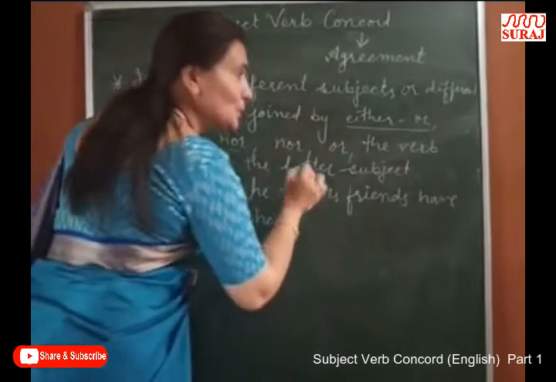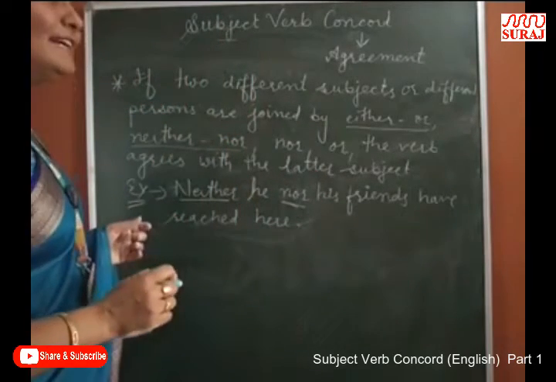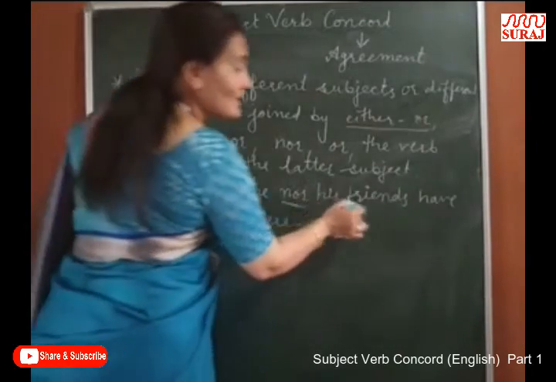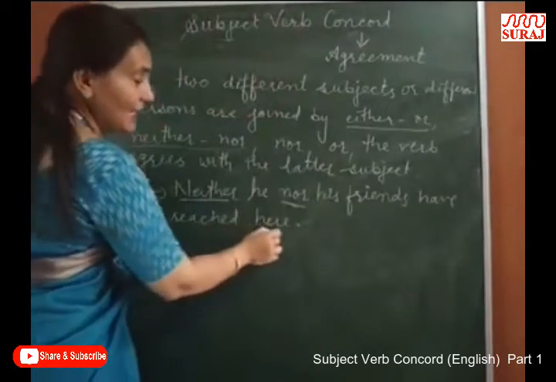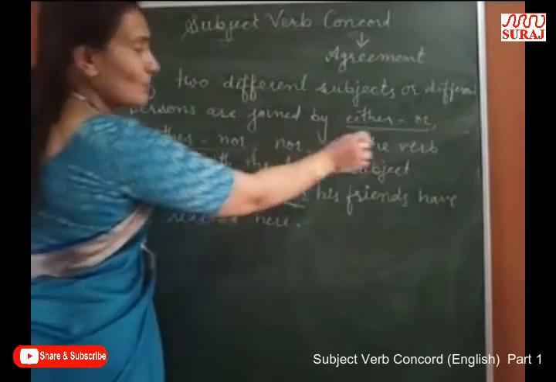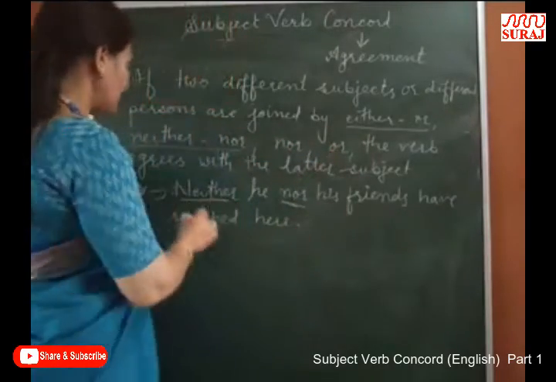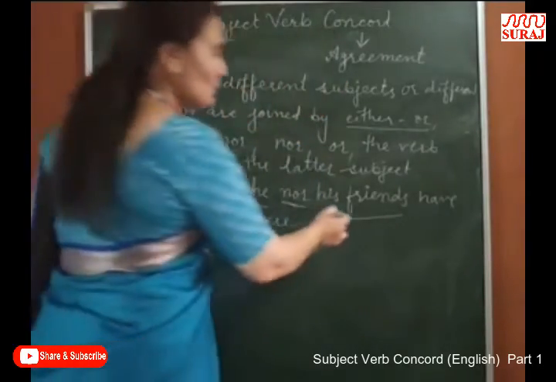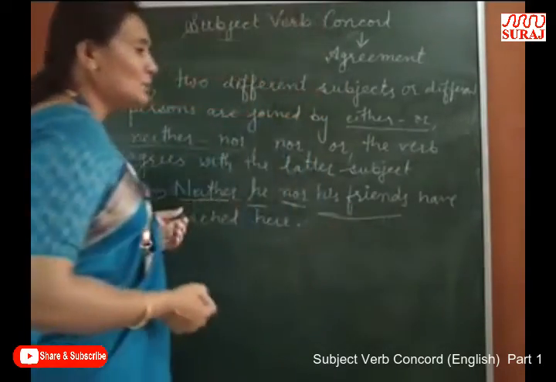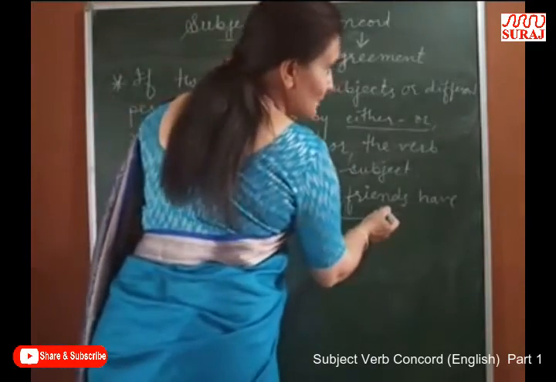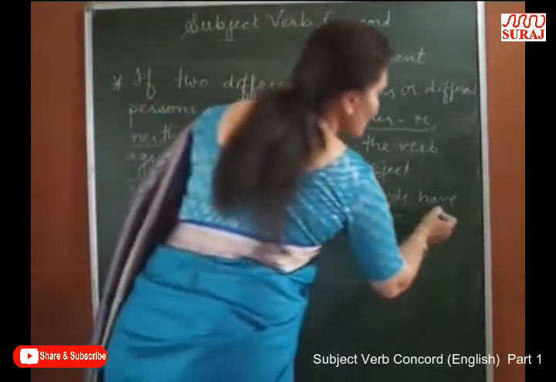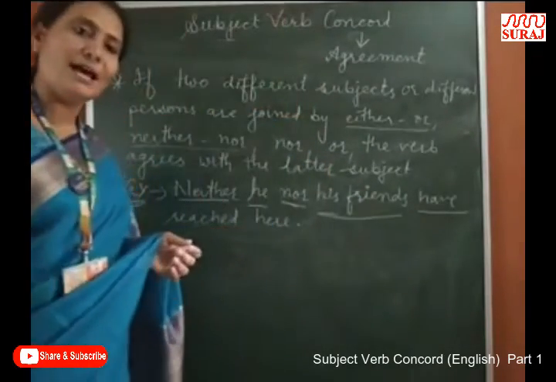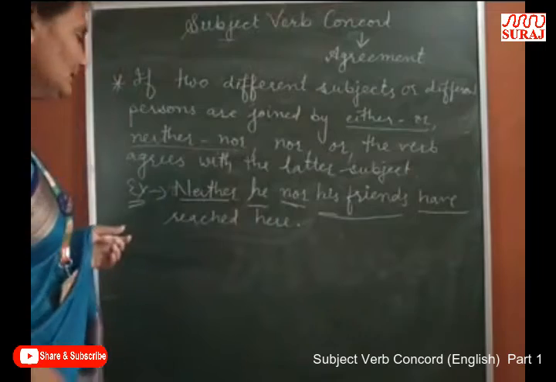Neither nor is a correlative conjunction which appears in pair. I told you that the verb agrees with the later subject. This is the first subject and this is the second, the later subject. The later subject is in plural form, so the verb must be plural. Here I have written "have." Have is the plural form. Clear?